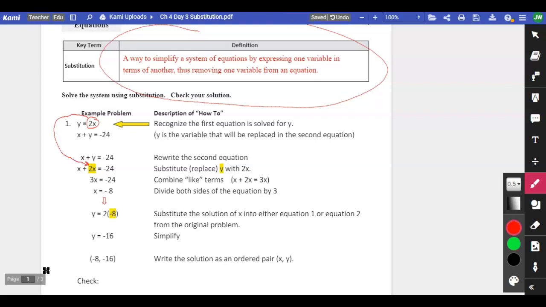And the reason they did that is because these two equations here are equal. And since they're equal, that allows you to substitute things back and forth.